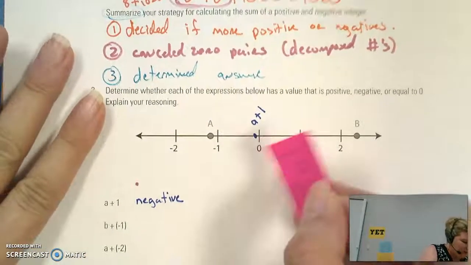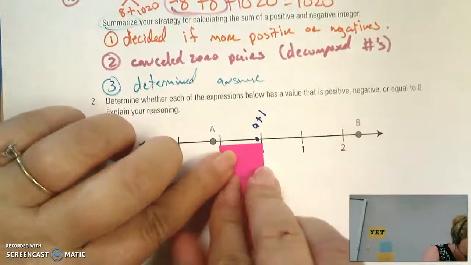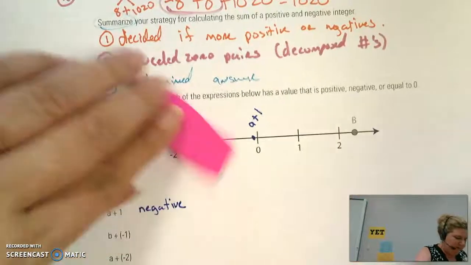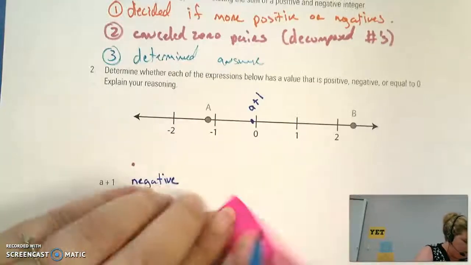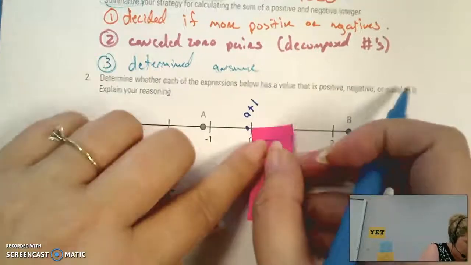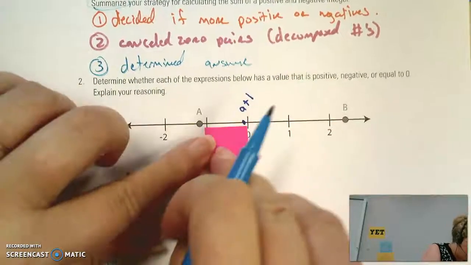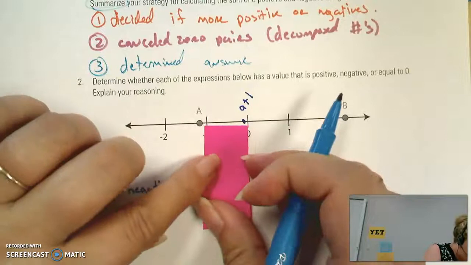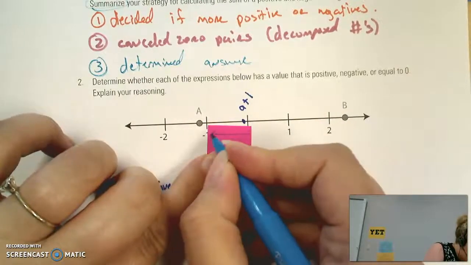So negative 1 is the same length, but it's going the opposite direction. Again, here's 1, negative 1, same length, same absolute value, going the opposite direction. In this case, that's left.